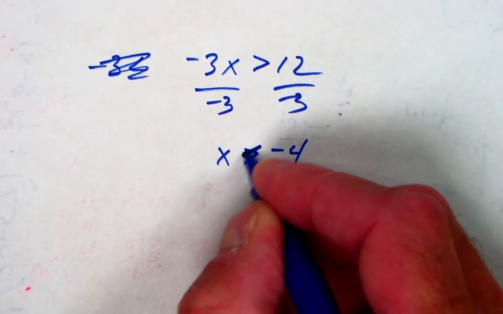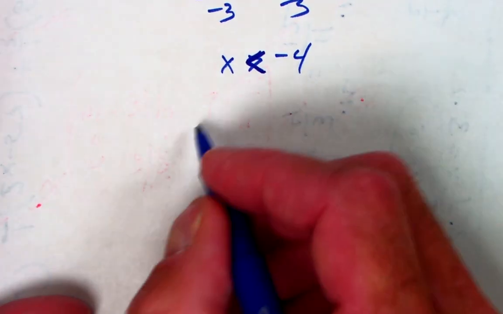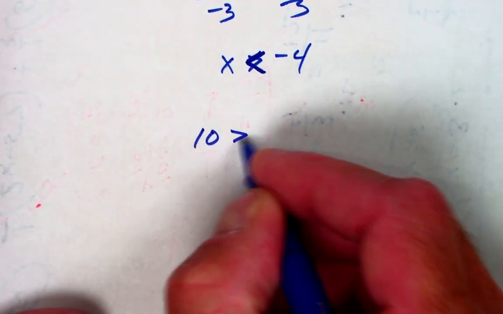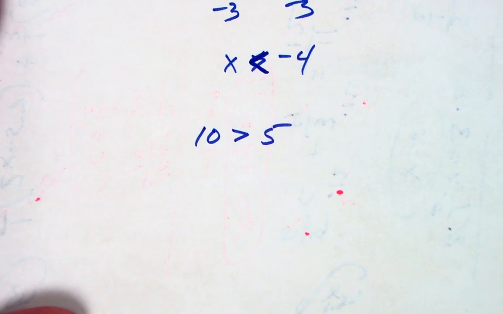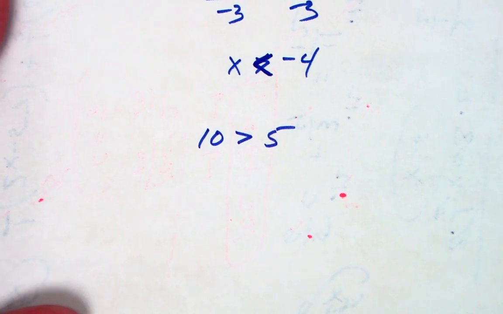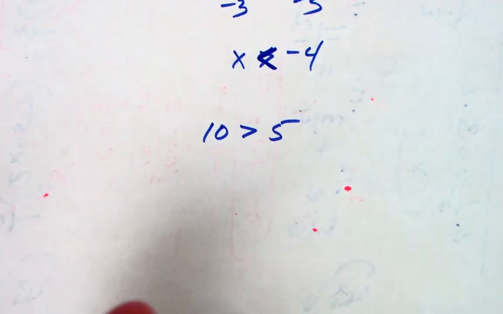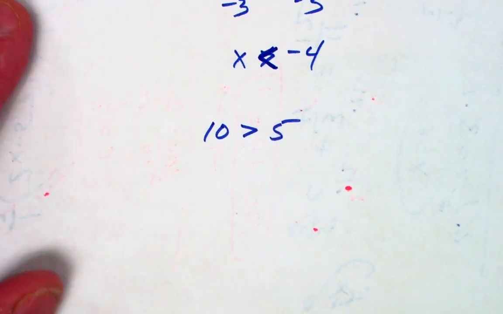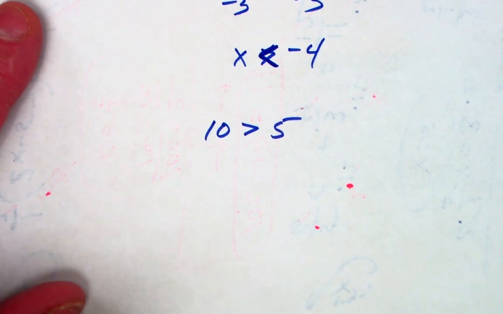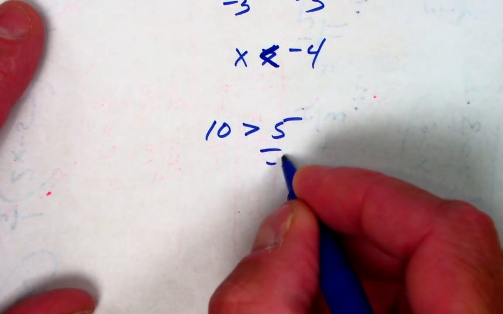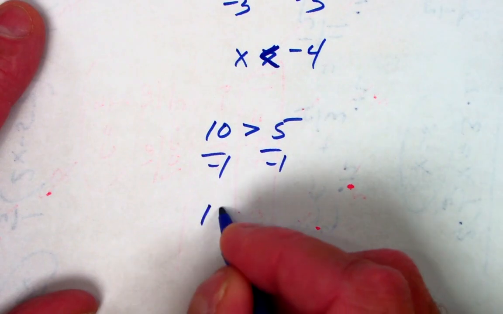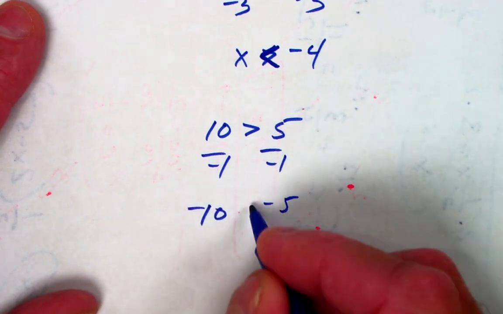Now, why is that? Well, let's show you. 10 is bigger than 5. Would you agree with that? Let's divide both sides by negative 1. Can you put your art away, please? Thank you. Because I'm trying to explain some conceptual theory here. And believe it or not, what I'm saying is worth listening to. Now I get negative 10, and now I get negative 5.